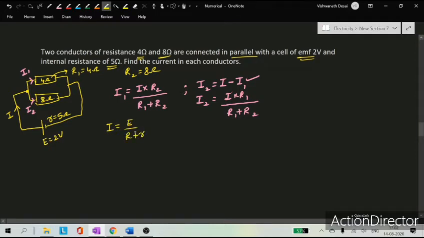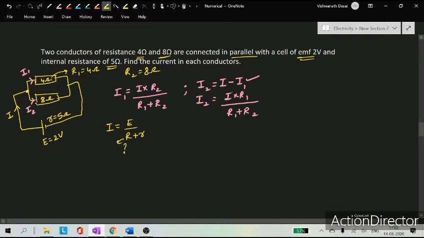Why do we need to use this? Because the external resistance has to be calculated, the internal resistance is given, and the EMF is also given. But do you know what the total resistance value is?